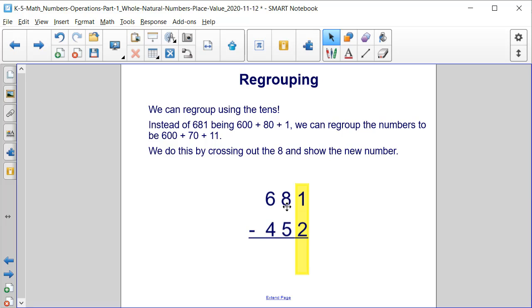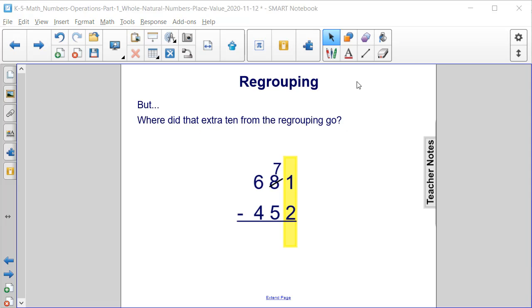Instead of 681 being 600 plus 80 plus 1, we can regroup the numbers to be 600 plus 70 plus 11. We do this by crossing the 8 out and showing the new number, 7, and we'll continue with the next step on the next slide.